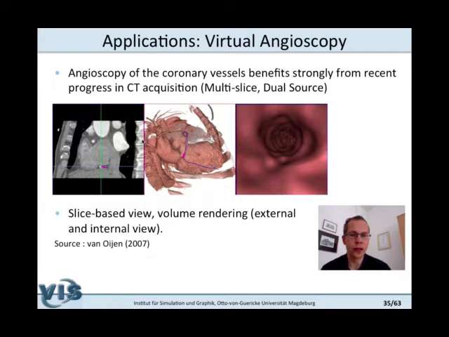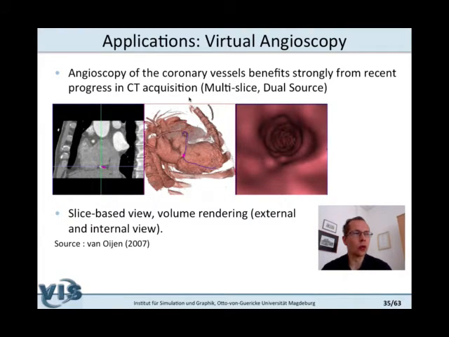It started really at approximately the time when this paper from Van Ooyen and colleagues was published, because it really had to take advantage of progress that was made in CT acquisition, namely multi-slice CT data that improved the spatial resolution, and dual source CT data where you could employ two different energy levels and combine the results. That makes the discrimination of some structures easier.